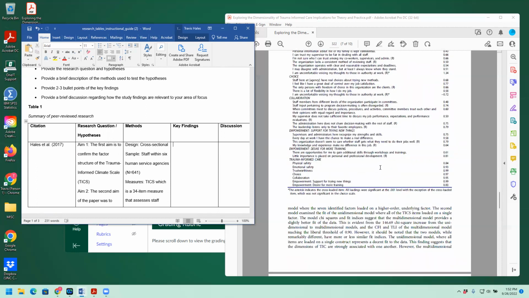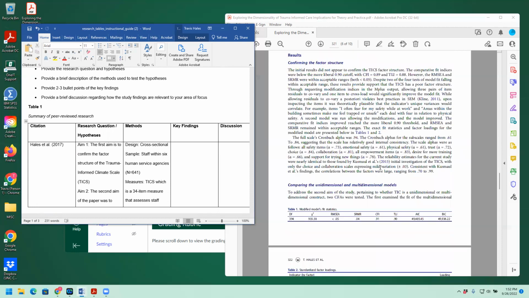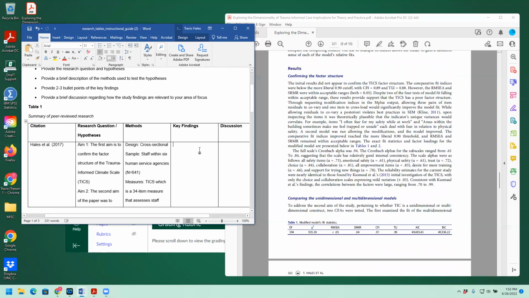So I know from reviewing both that the key findings are that the TICS demonstrated good construct validity and reliability.